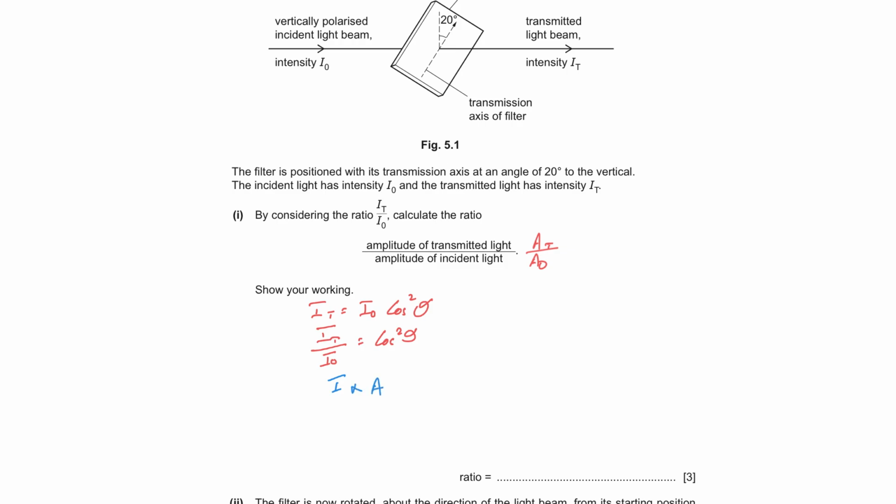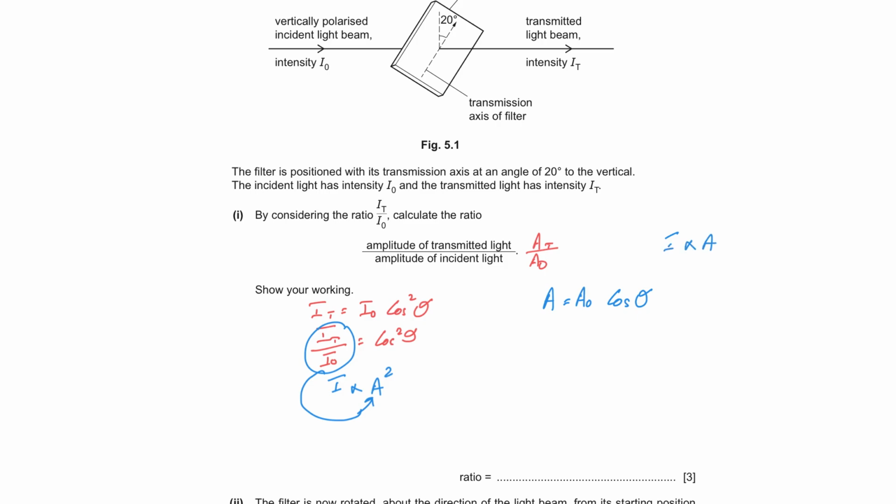So the square root of the previous ratio would give you the ratio of the amplitudes. Or you can say A is equal to A0 cos theta. Do this directly. I is proportional to A squared.